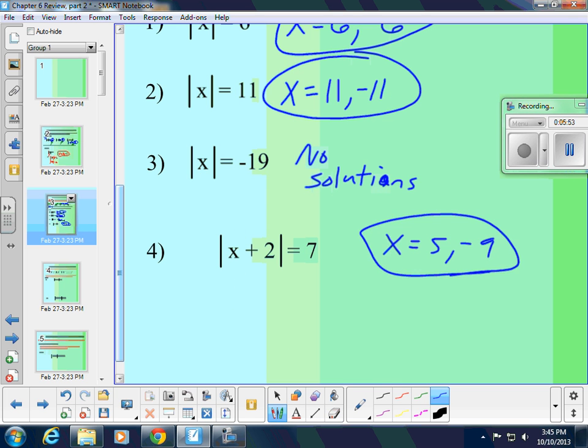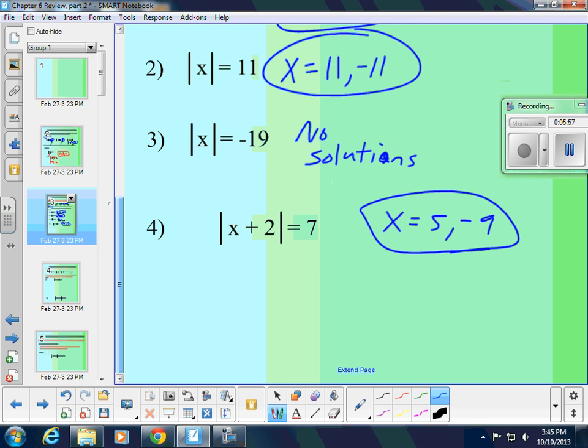Okay. Well, there's a nice way to get these without just thinking it out like that every time. Kind of like we've talked about for absolute value: if I'm going to take the absolute value of some expression and get 7, there are 2 possibilities, right? This expression inside of here, x plus 2, I have to be able to take the absolute value of whatever that number ends up being, and it's got to be 7.